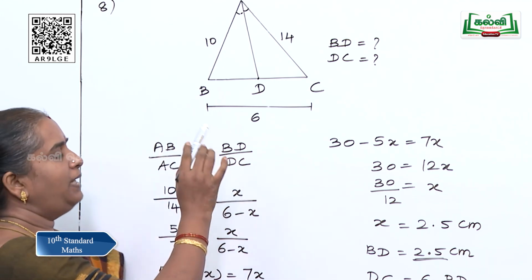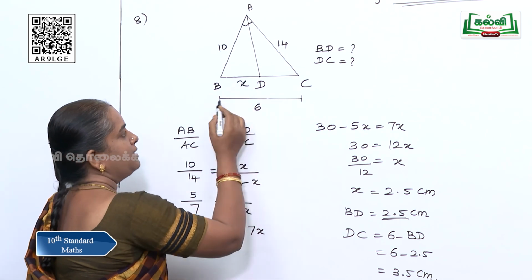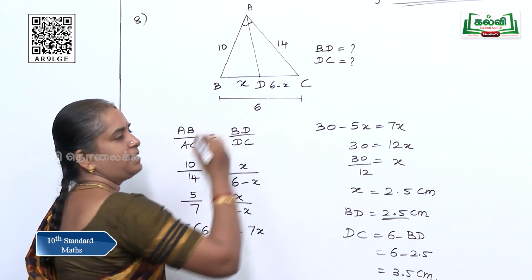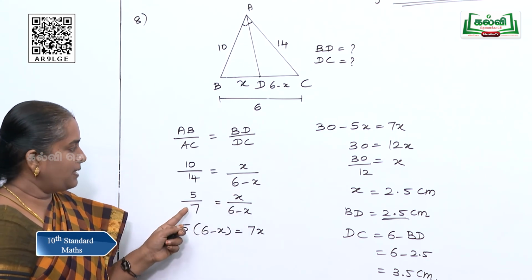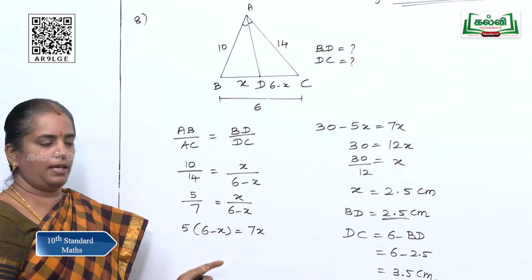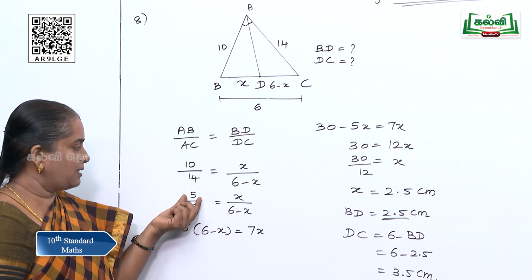Since we need BD and DC, we can name BD as X, and since BC is 6 centimeter, DC becomes 6 minus X. So, X by 6 minus X. So, by simplifying we get 5 by 7, which is equal to X by 6 minus X, and here 6 minus X, that is denominator, will go as numerator.